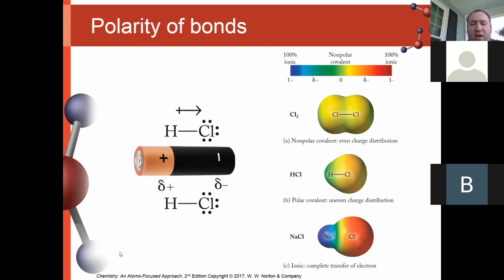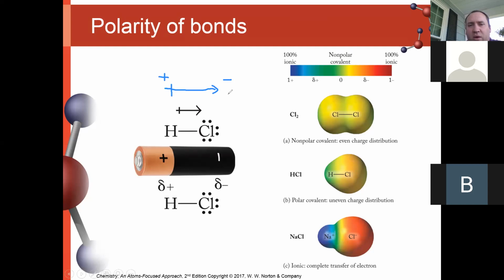And we can depict the positive and negative ends in two ways. We can show it through arrows. Arrows like this point to the more negative side, and we get that little cross up here to show that this is the positive side of the bond.